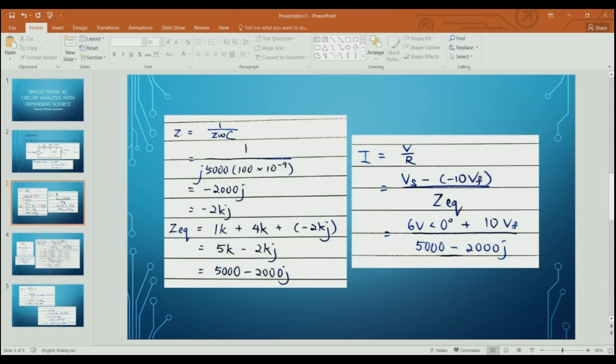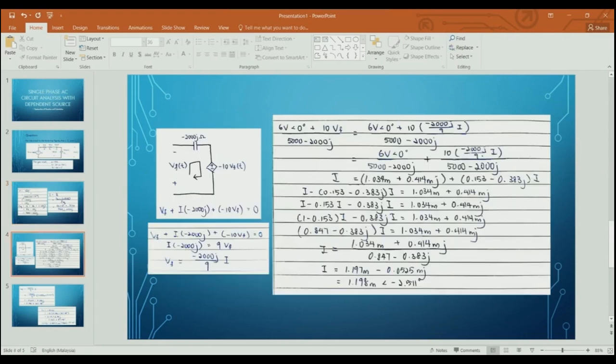Using Ohm's law, I is equal to V divided by R. So V is equal to Vs minus negative 10 Vf, divided by R, which is the equivalent impedance. So I equals 6 V with 0 degrees plus 10 Vf, divided by 5000 minus 2000j. Using mesh analysis, we know that Vf plus I times negative 2kj plus negative 10 Vf is equal to 0.